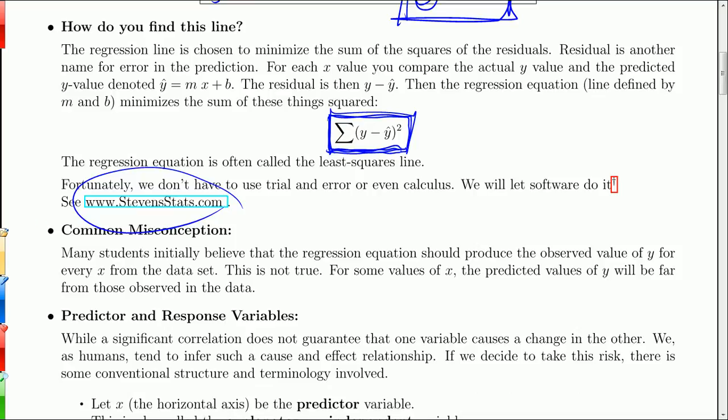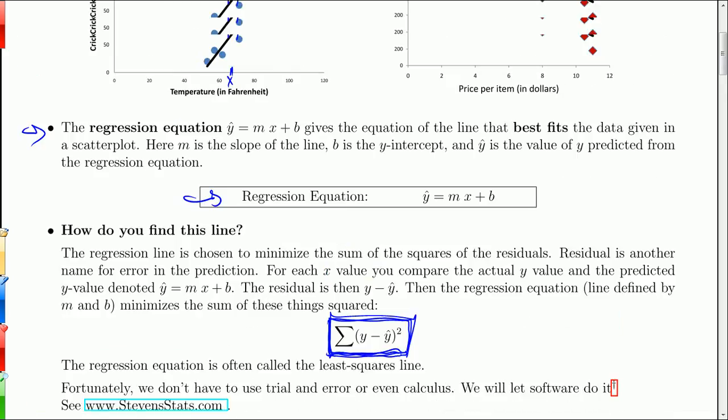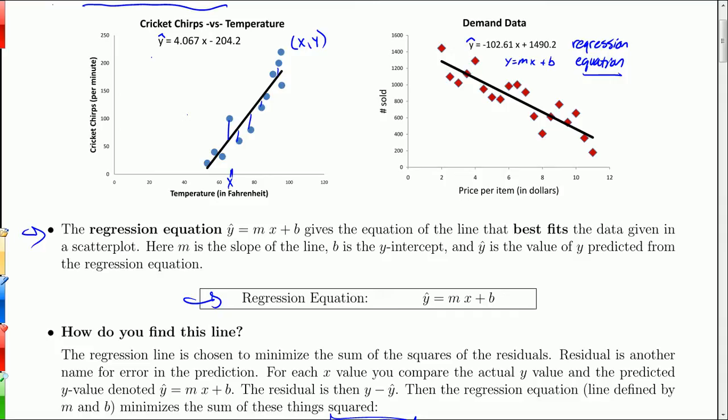The popular misconception is that you will hit every value of y for a given value of x. If you look at this, say this point here is 71, 98.